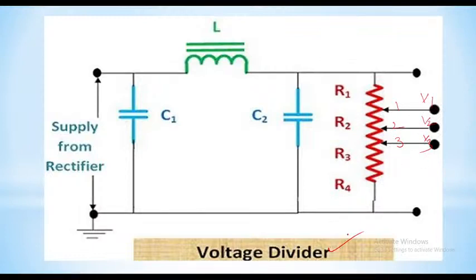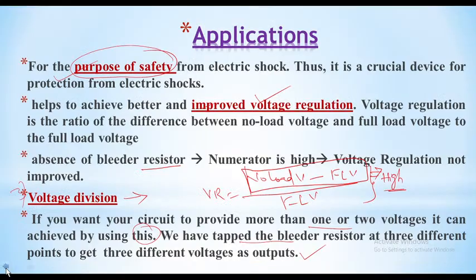That is voltage division: in order to divide the voltages and get more than two voltages, we use the bleeder resistor in a circuit. If you tap the bleeder resistor, we can get different voltages from a single circuit. All these are the advantages of this bleeder resistor.